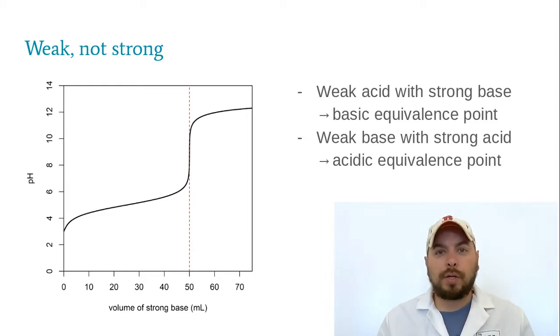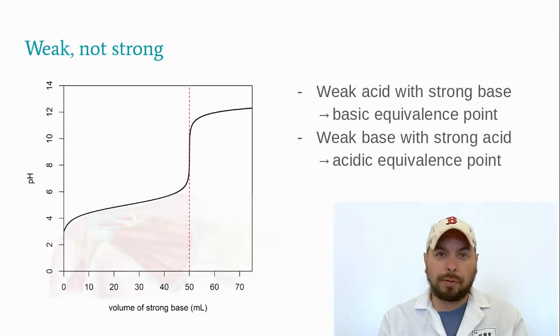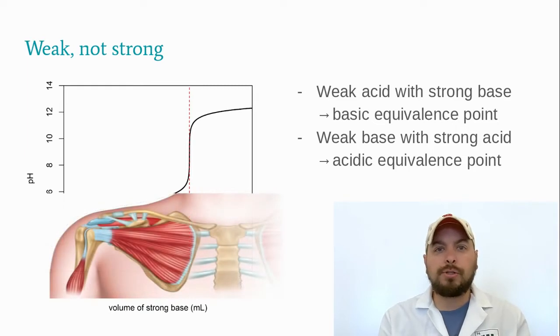Entire titration processes will be graphed on a curve just like they were with strong, but let's take a look at some very important and specific points on this curve to see how it differs from the strong titration we looked at last time. The first clear difference between a strong titration and today's weak strong titration is that a shoulder is formed on a titration curve of a weak acid or a weak base.